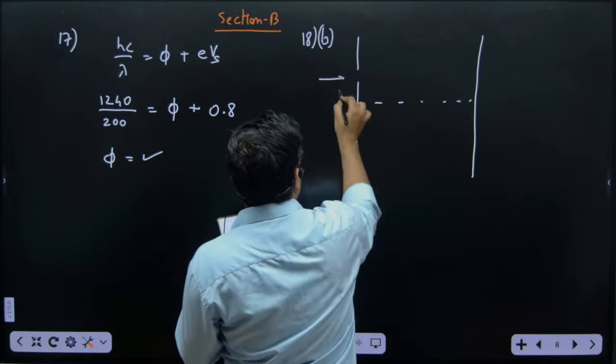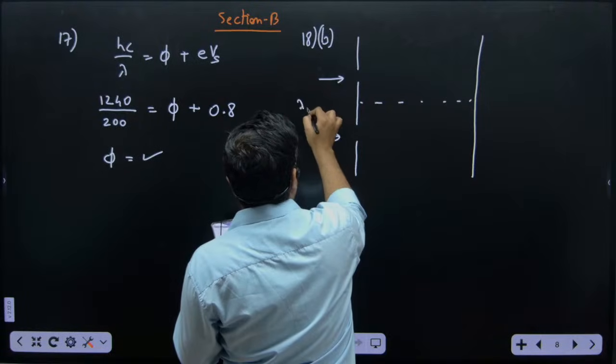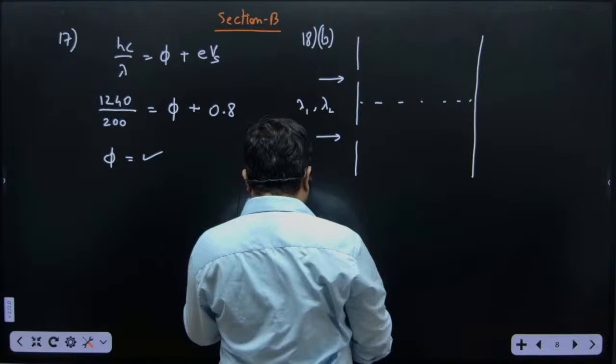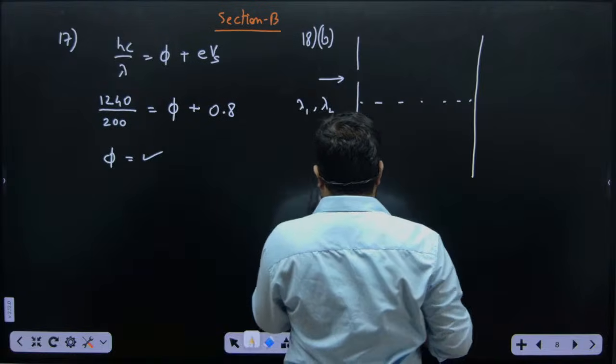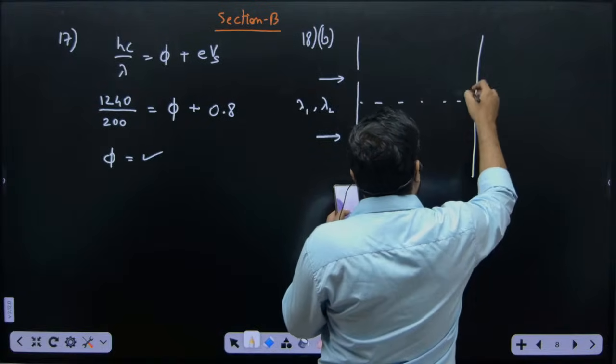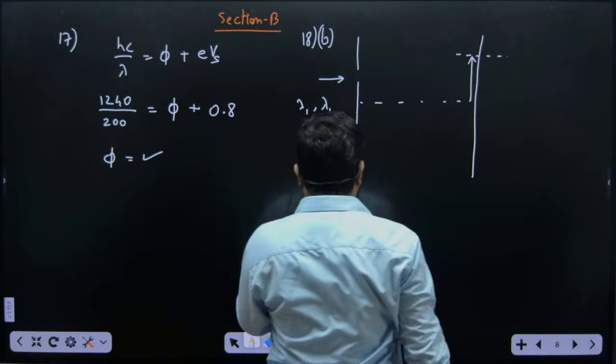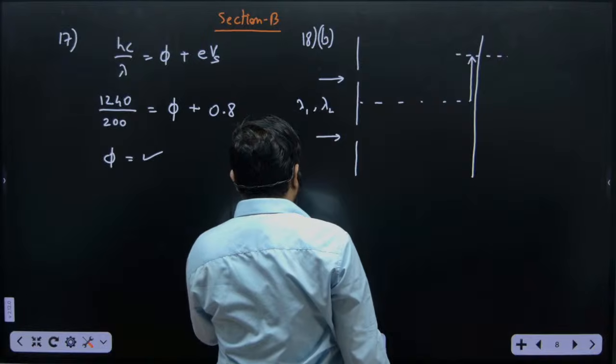There are two wavelengths, lambda 1 and lambda 2. They both will create their own interference pattern, which will overlap. So somewhere their bright fringes will also overlap.